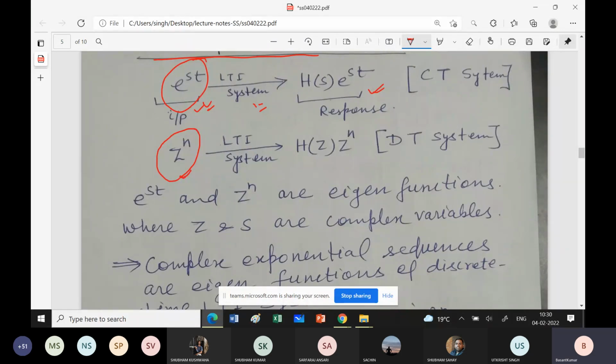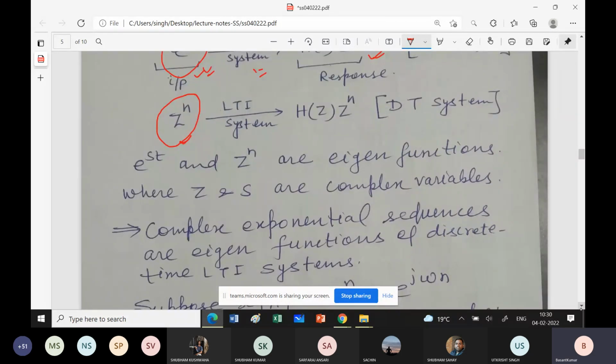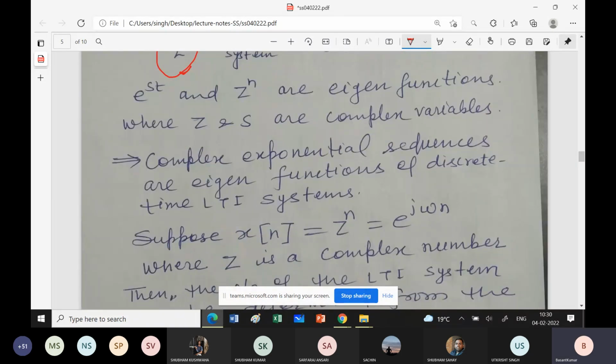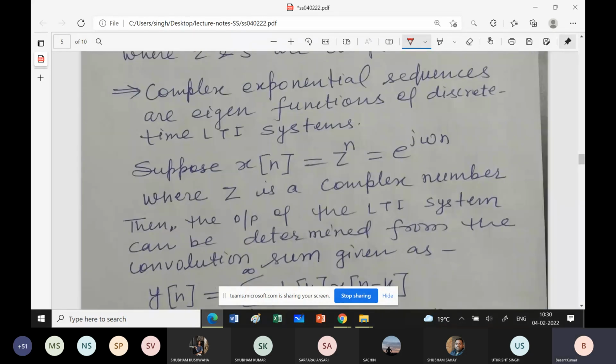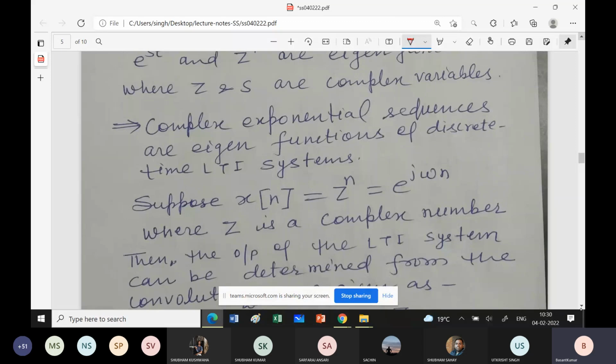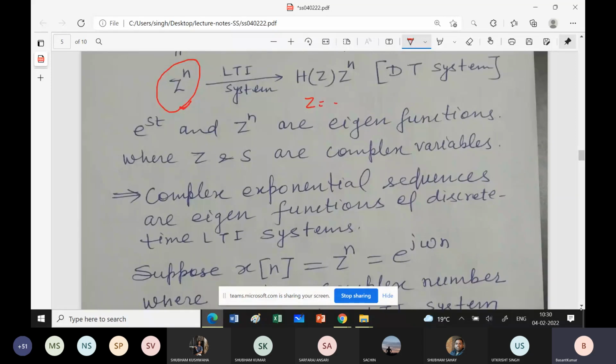So z^n, and what you observe is that z is nothing but e to the power j omega, ठीक है. And z^n is e to the power j omega n.